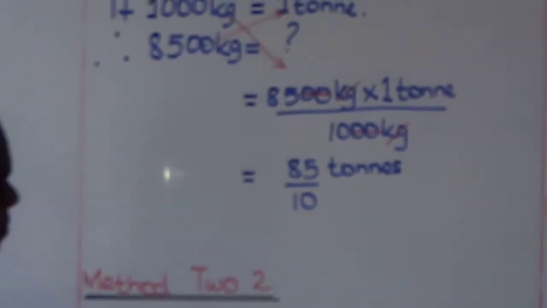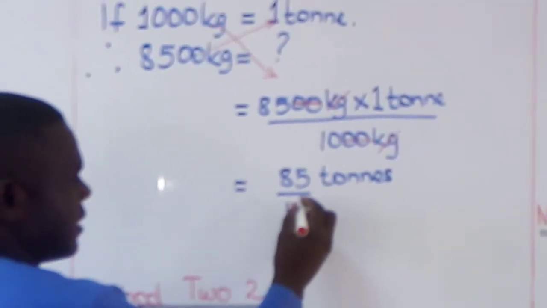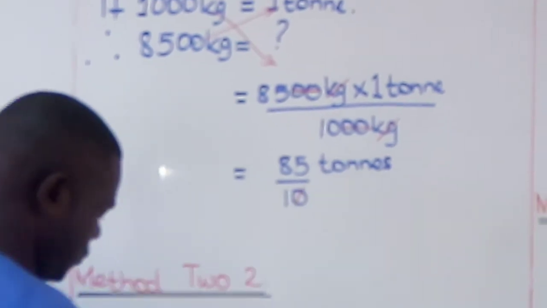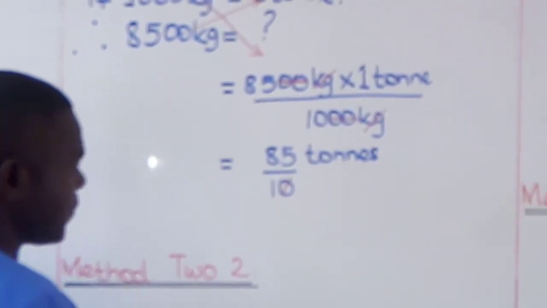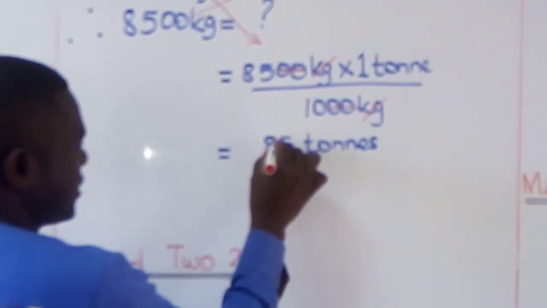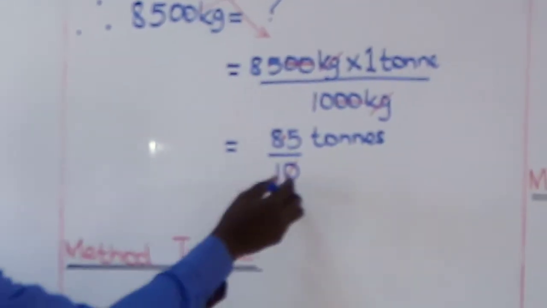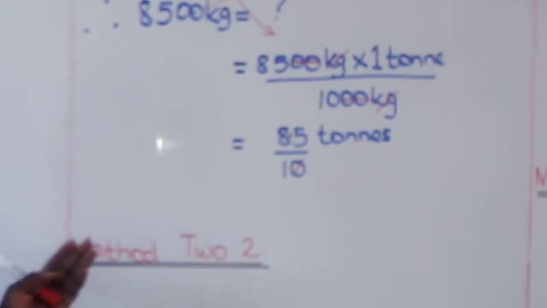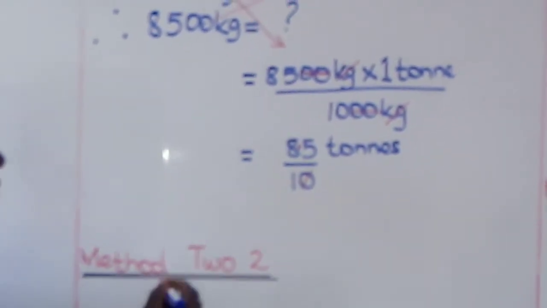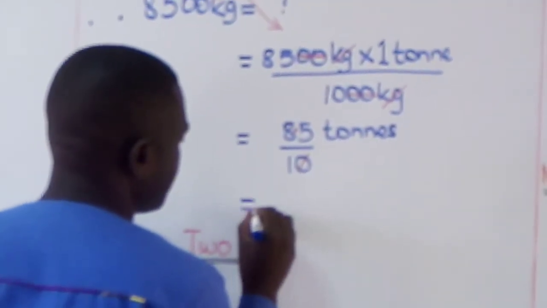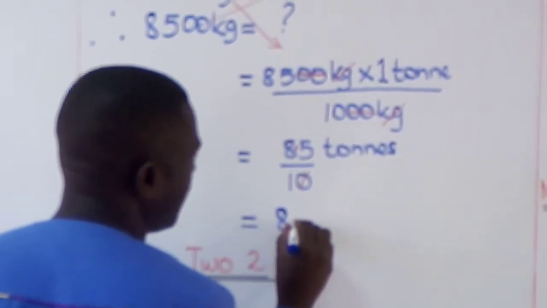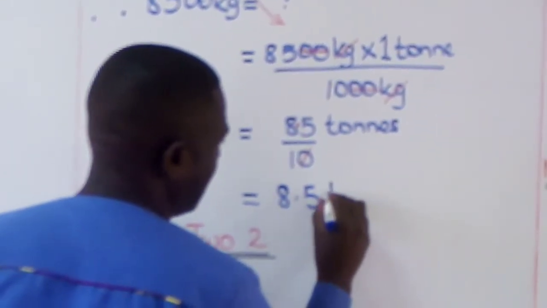Observe carefully. That 0, when you cancel it, creates a decimal point there. So the 0 is cancelled already, it's no longer there. So the answer will be 8.5 tons.